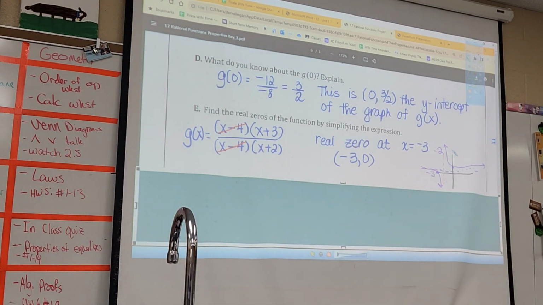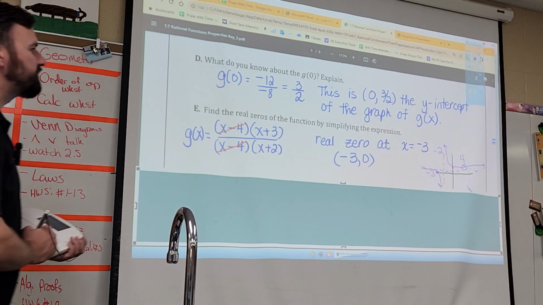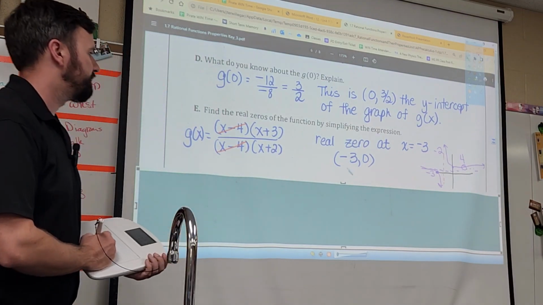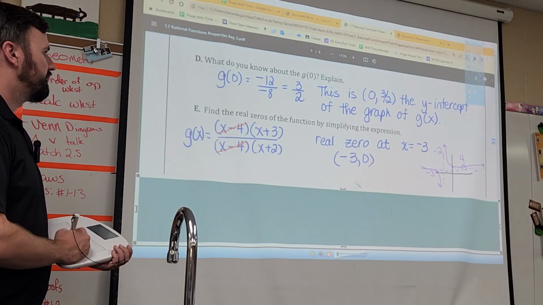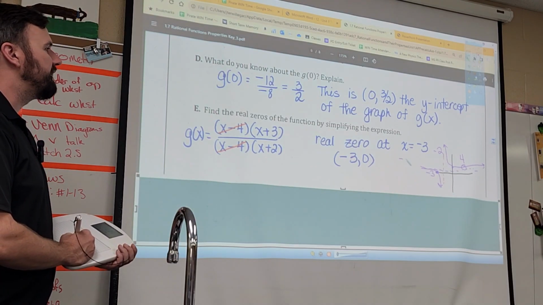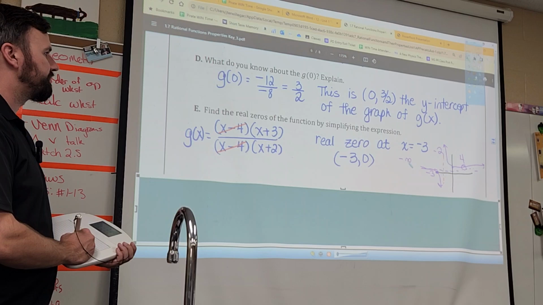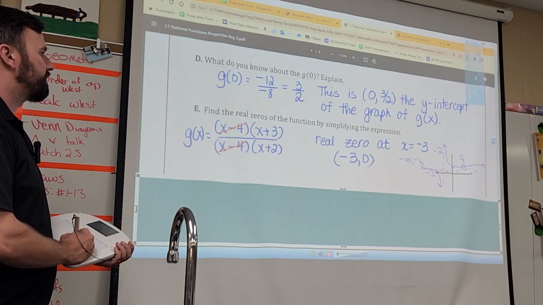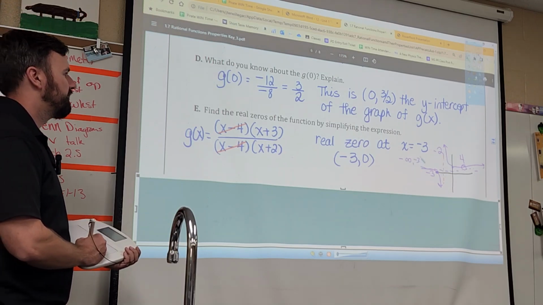So where is this function bigger? Oh. And what happens at 4? So where is this function greater than 0? -infinity to -3, right? Then where?